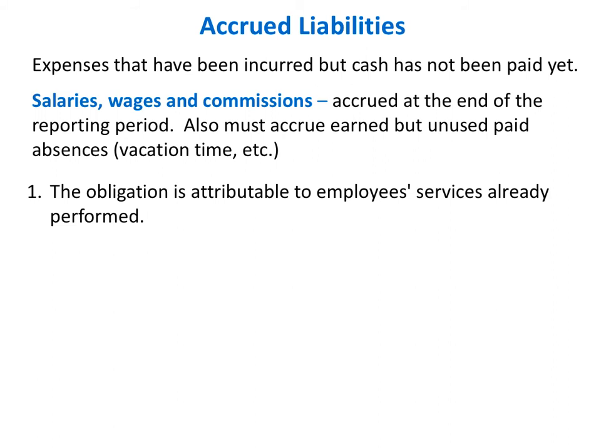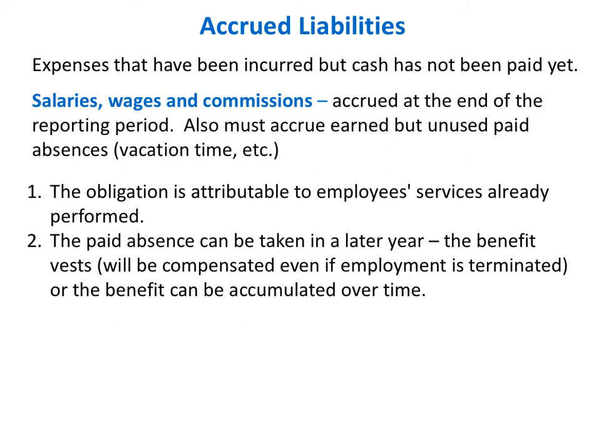A company must accrue those unused paid absences if the following criteria are met. One, the obligation is attributable to employees' services already performed. So in other words, as employees work, they earn this paid time off. So maybe, for example, they earn 1 hour of paid time off for every 40 hours that they work. All right, that's an example.